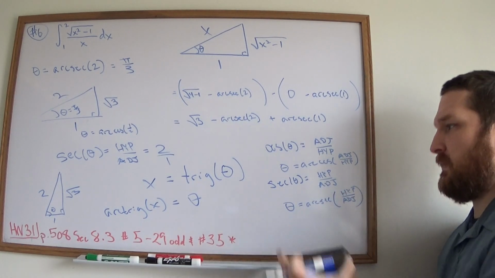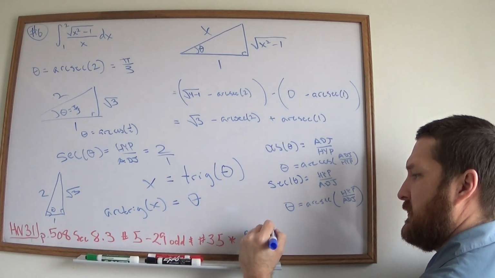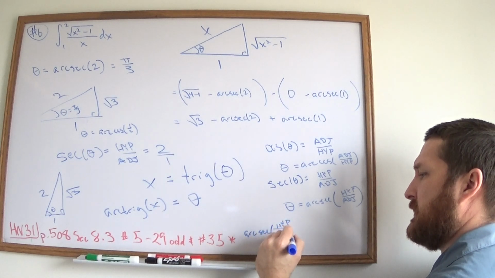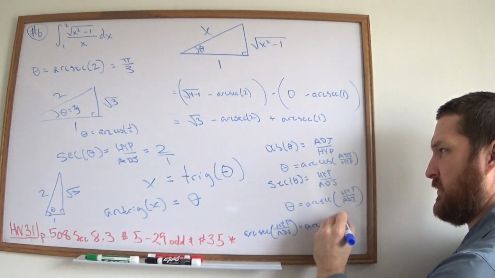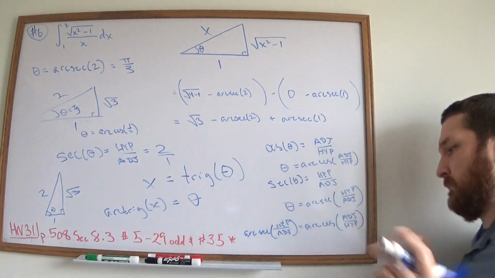So if those are equal to each other, then arc secant of hypotenuse over adjacent is the same thing as arc cos of adjacent over hypotenuse.